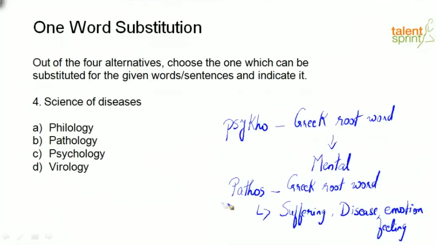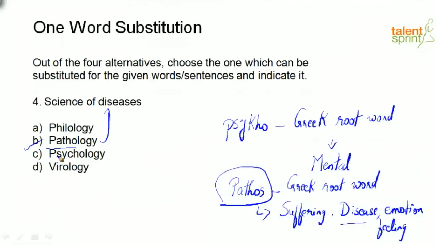So, understanding this Greek root word pathos, it's very sad. It's overwhelmingly sad because this person is either extremely suffering, usually from a disease. The experience is a sad, bad experience. So, having said that, since it relates to the word disease, I can safely say option B.